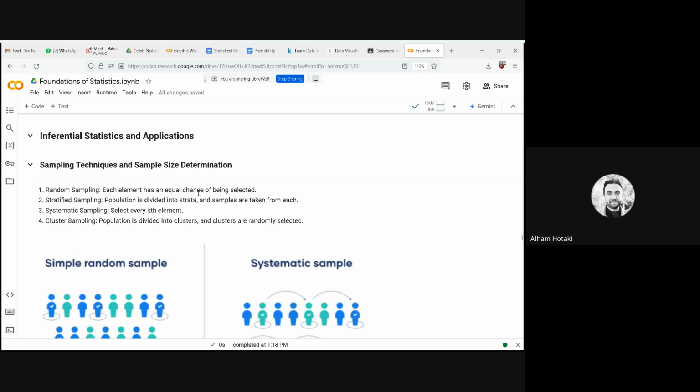Now we are entering inferential statistics and its application. These are all things that we have studied until now. This is part of summary statistics and descriptive statistics. These are all calculations that we have made, and we also understand the probability of different events. After this, we will be moving toward the prediction of something.